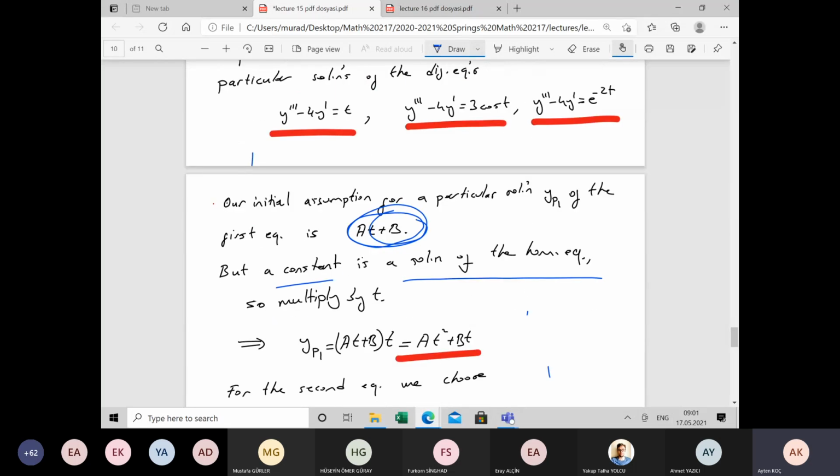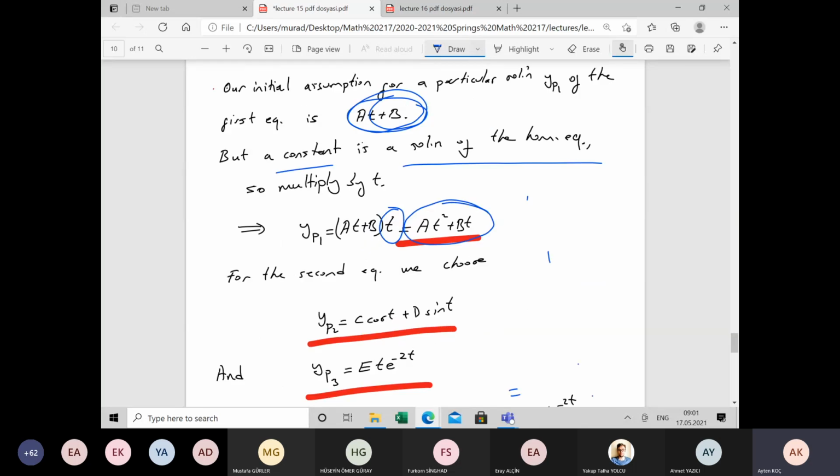So this form doesn't work; we multiply by t and obtain this form. We claim that this is the form of the particular solution for the first equation.